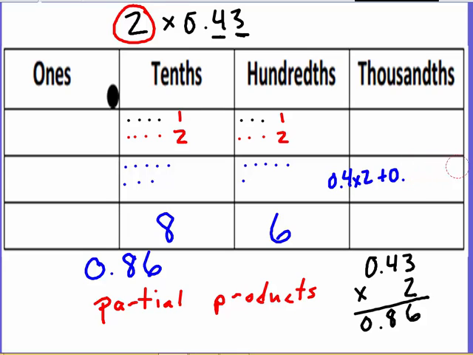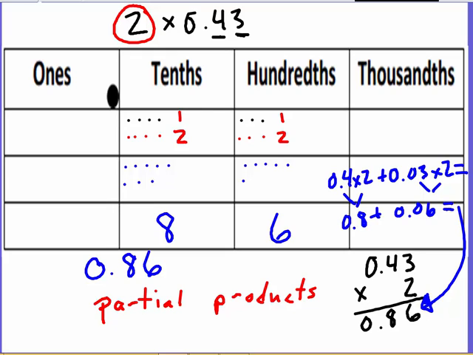Not 3 tenths, 3 hundredths times 2. And that will also give me what? This will be 8 tenths plus 6 hundredths, which also equals that same number. So here I have 3 methods to check my work.